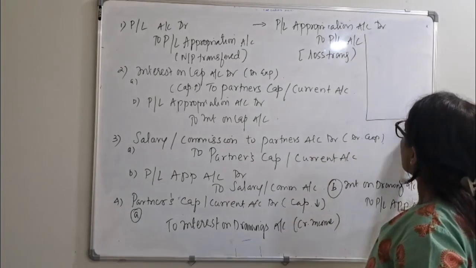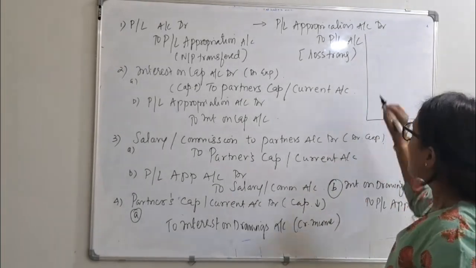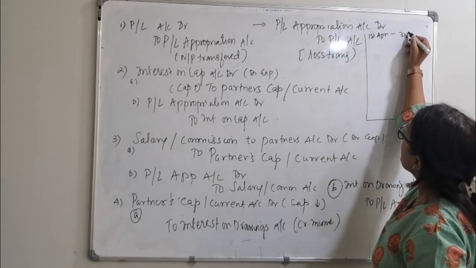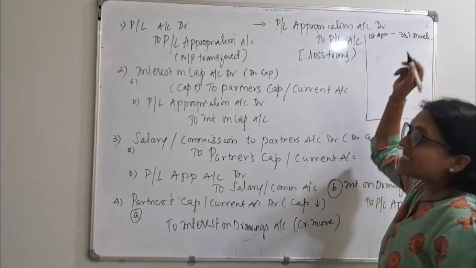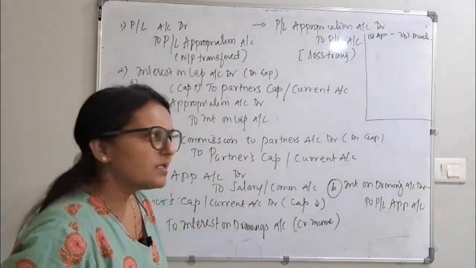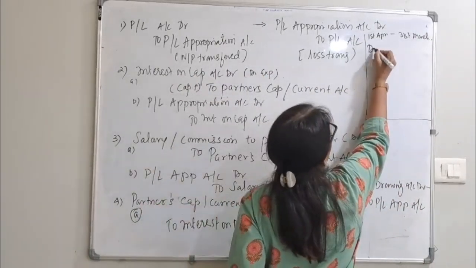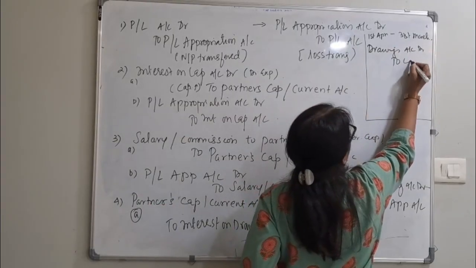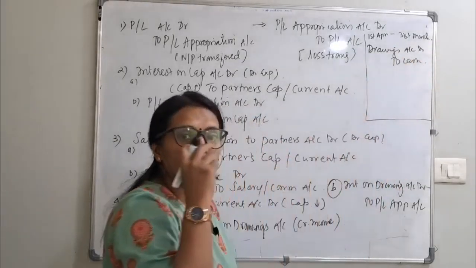Those who have not understood about this interest on drawings, let me tell you. Throughout the year, that is from 1st April to 31st March, when partners withdraw the money, it is a simple journal entry, that is drawings account debit to cash. This goes on throughout the year.